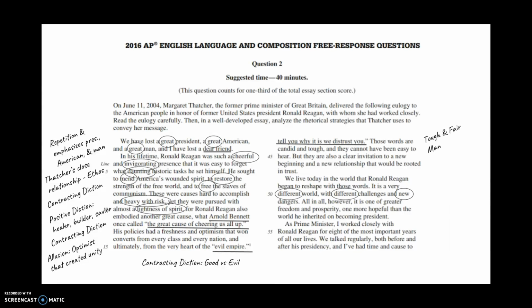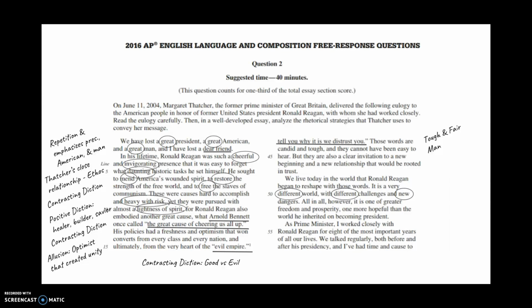All right, so what we see next are these phrasings: different, different, new. What this quote is supposed to show is that Reagan was both a tough and fair man. It's the idea that he wasn't unfair to people who had differing beliefs. He wasn't unfair to other countries.